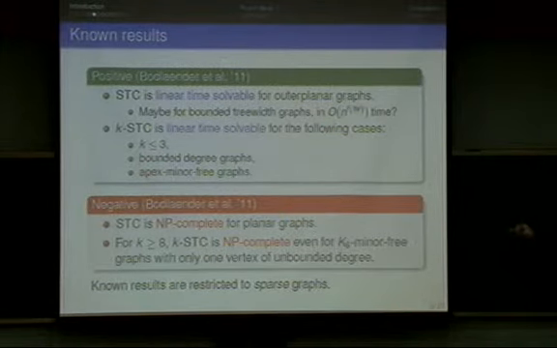So these results are sharp in some sense. But these results are restricted to some sparse graphs. These graphs are sparse because they are planar or minor-free or something.